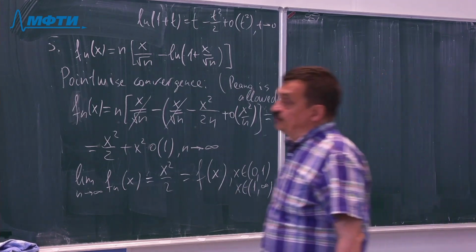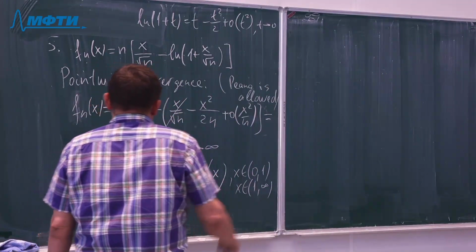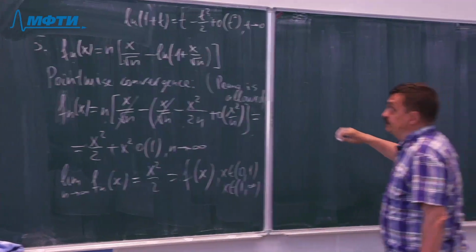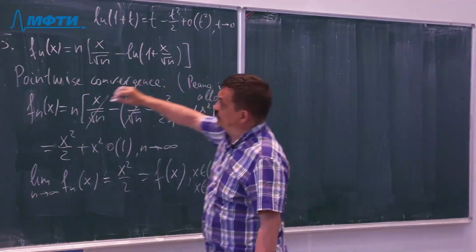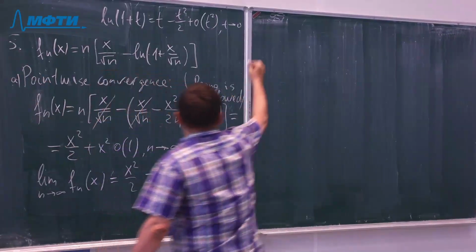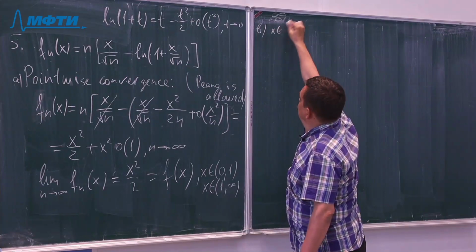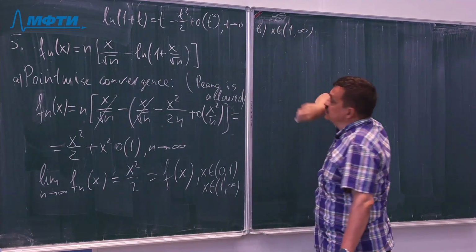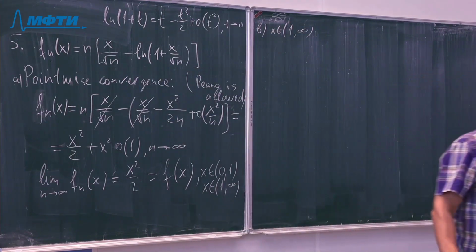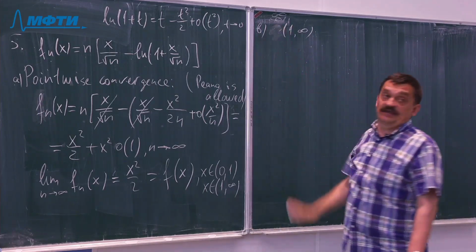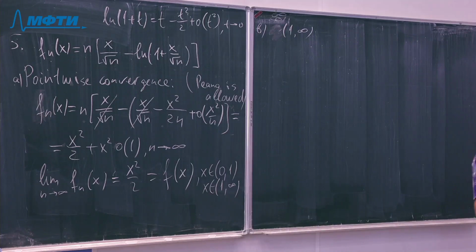Okay, what about uniform? Let me start with the easier part. Let it be part B, the interval from 1 to infinity. Better to indicate the interval where we study uniform convergence.